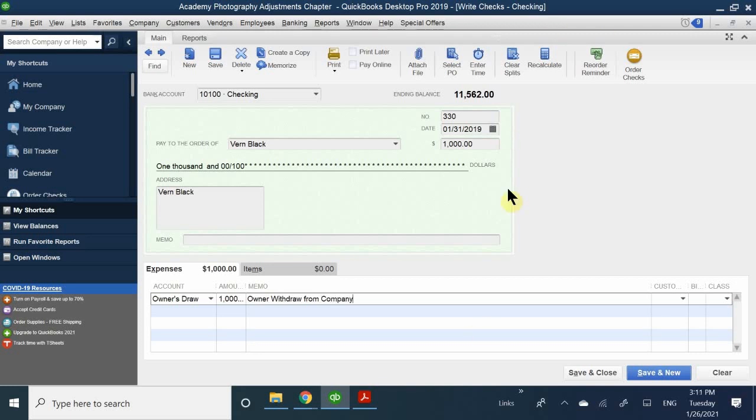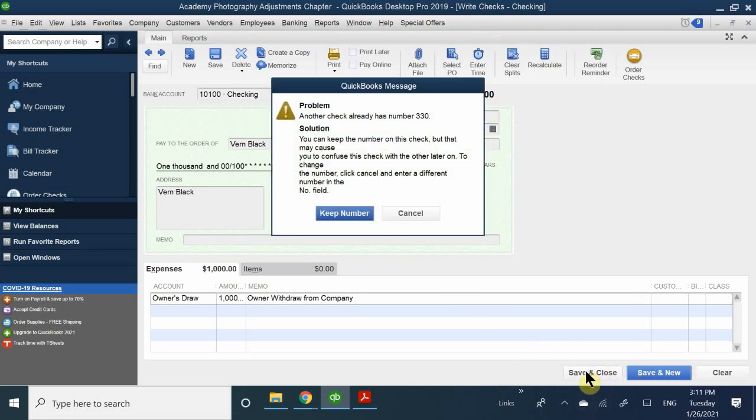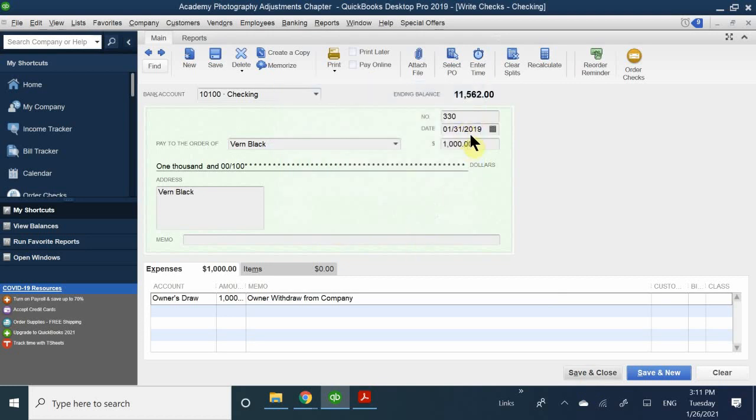Okay. And checking the date, making sure that it's the 31st, and I'm going to click save and close. Okay. And keep number, or actually I have to change it. So this check number is going to be, I don't know, 351. All right, save and close.